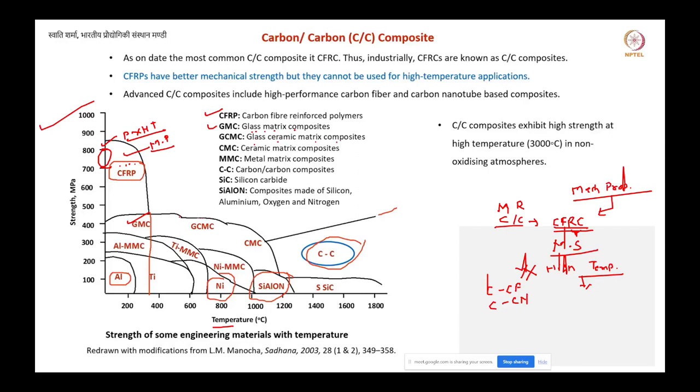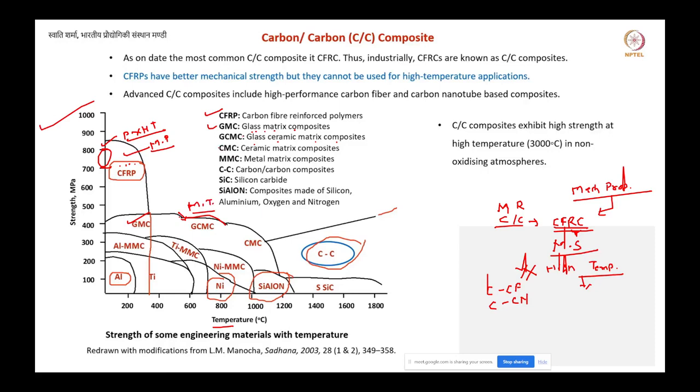Here you can see there is a little bit of reduction in the mechanical strength, but it's not very significant, and it can sustain a better temperature, so that you can use it where you will require a good mechanical property as well as thermal property.